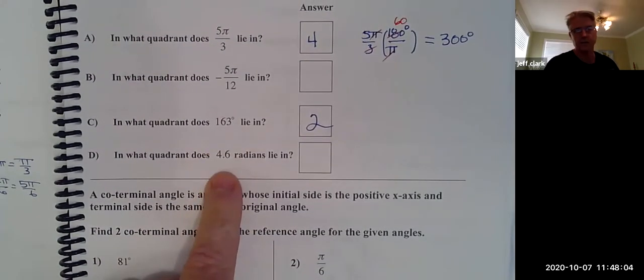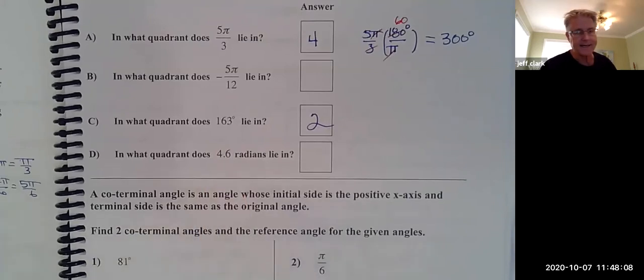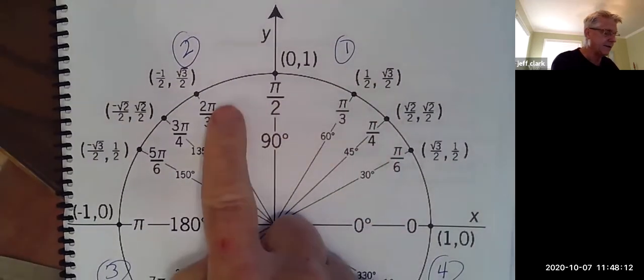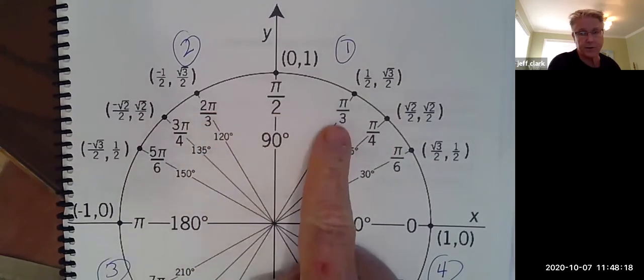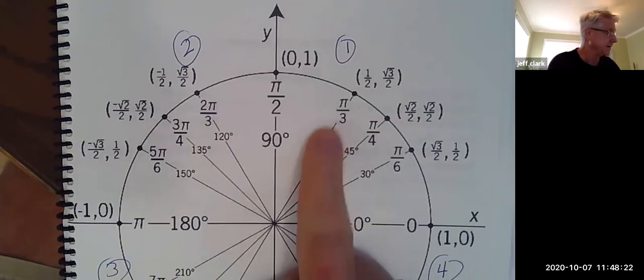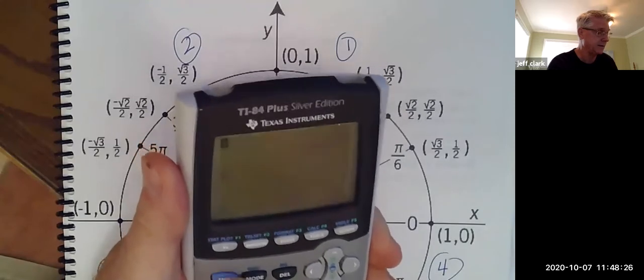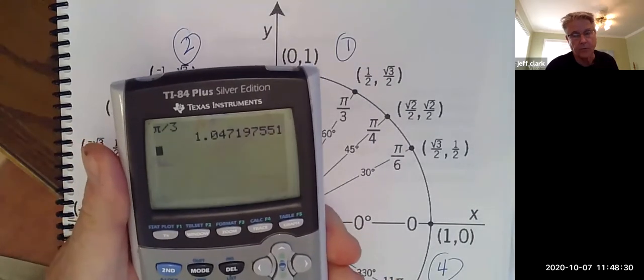4.6 radians. Now, where does that lie? That's not easy when your radians are these pi things. But pi is just a number. It's 3.14. So if I wanted the decimal approximation of this, I just take pi divided by 3, and it's a little bit more than 1.